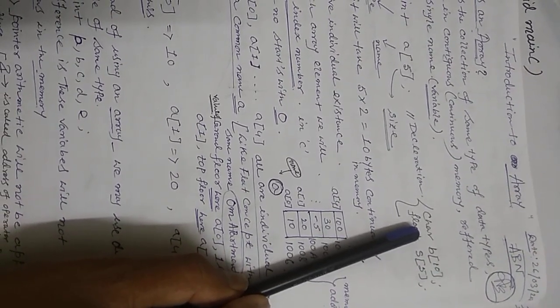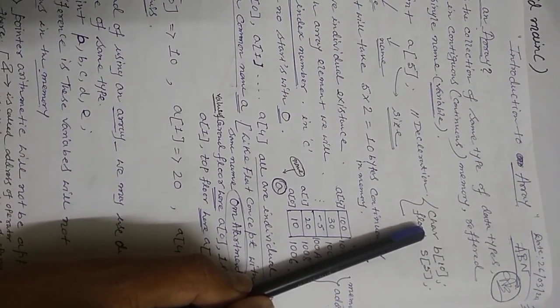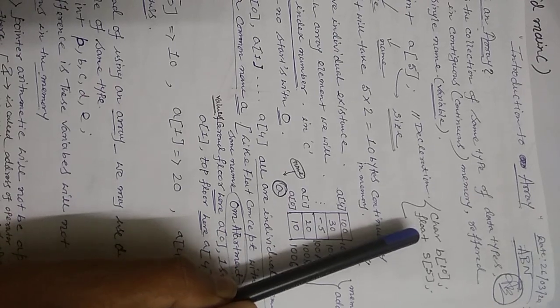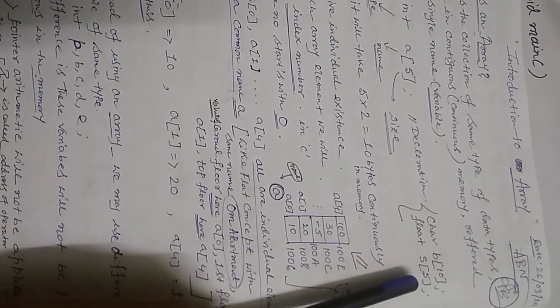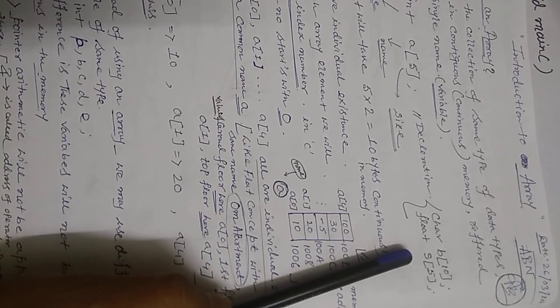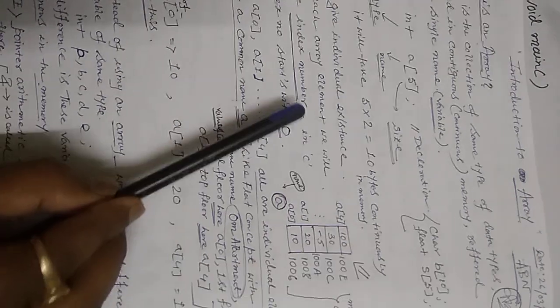Similarly, we can declare an array of character type, then that will be char b[10], and if it is float, then float c[5]. So b and c are the respective arrays of 10 and 5 size.